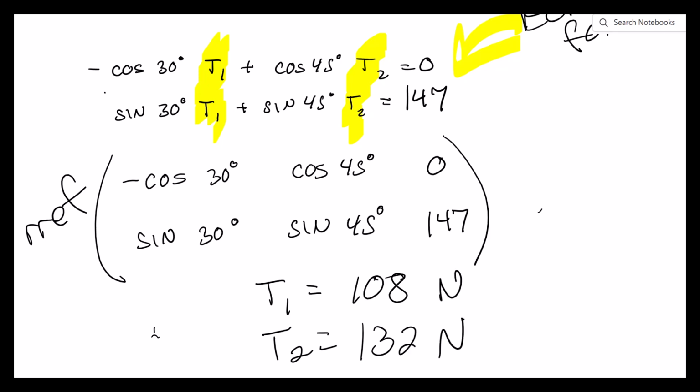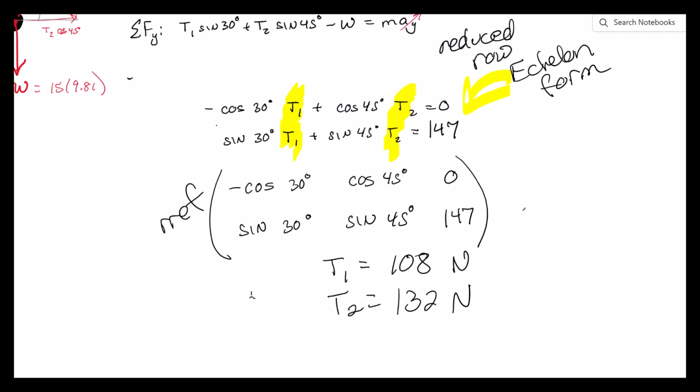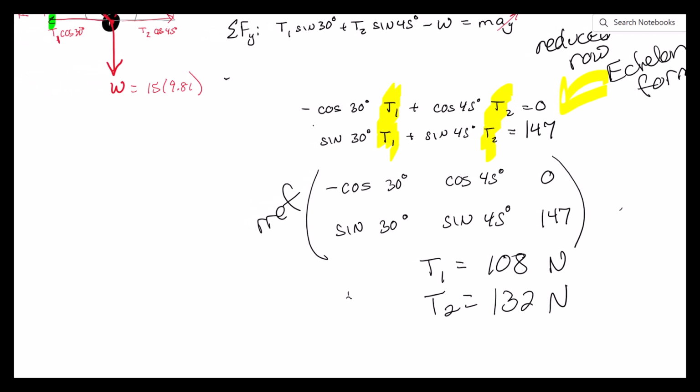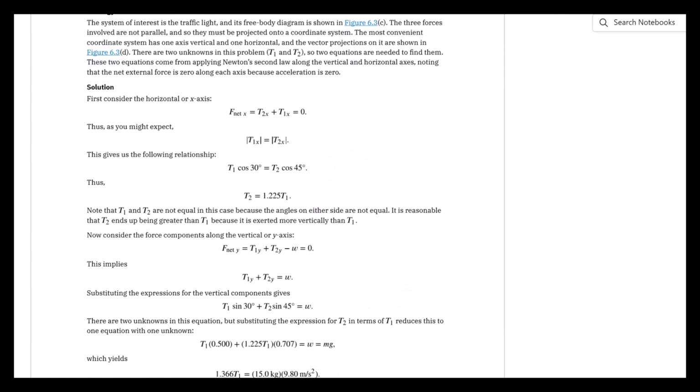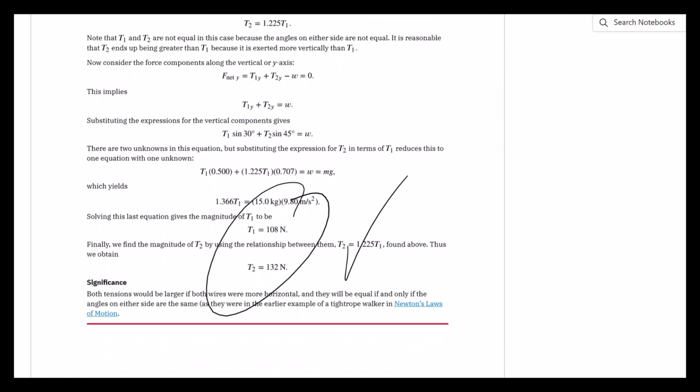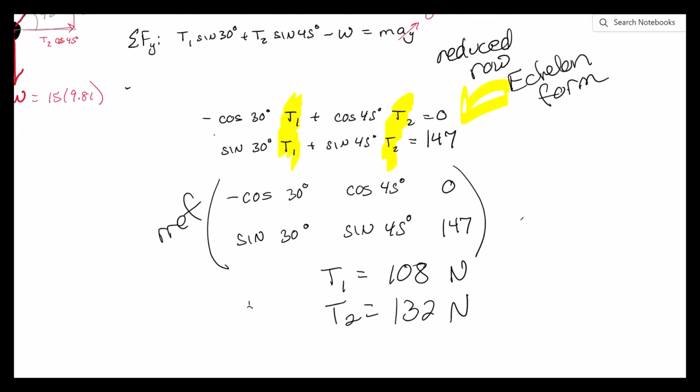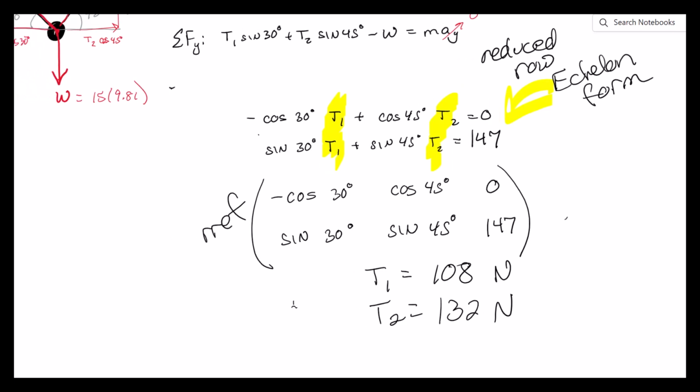So look, I just did all this without having to remember how to do algebra. I mean, I did linear algebra. 108, 132, are those answers even remotely close to what they did? Yes, yay! So I strongly recommend you remember how to do this because we're going to have lots of these kinds of things to do.